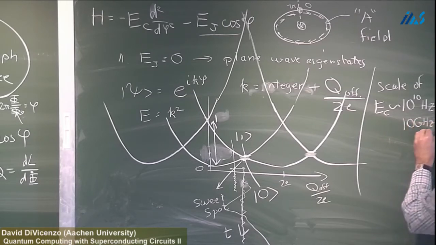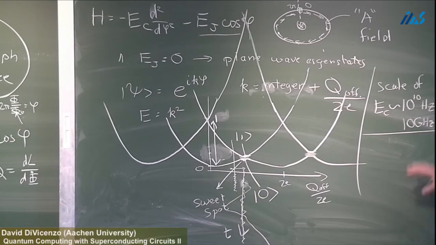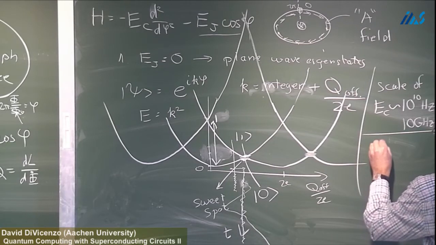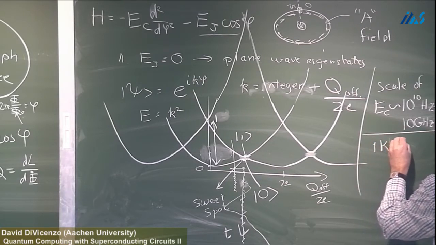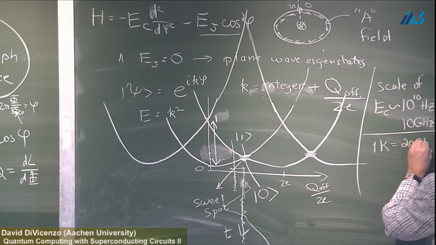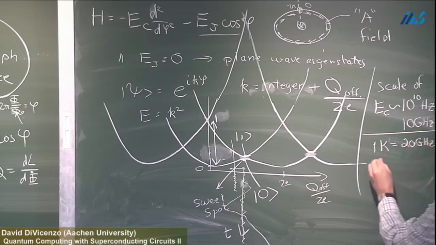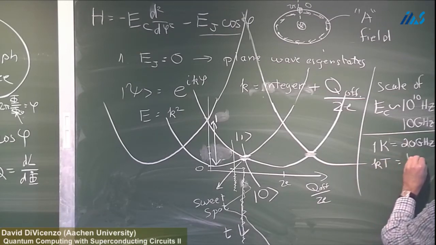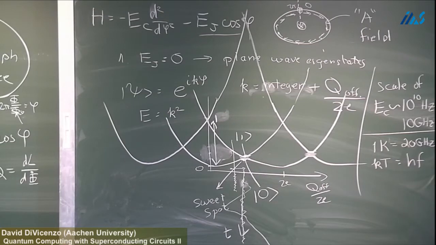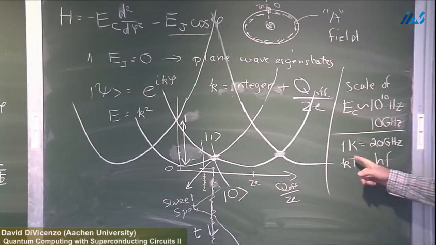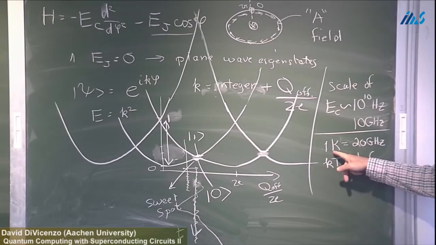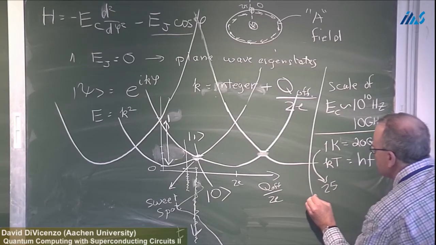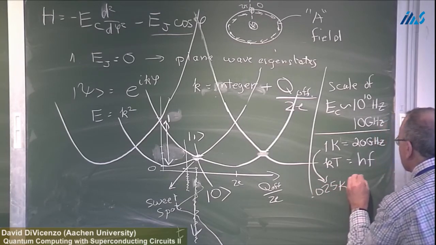Now, that may not be a familiar unit to everybody, but here's an important statement: 1 Kelvin is equal to about, if I'm not mistaken, 20 gigahertz. In other words, kT is h times the frequency. Those are the conversion units in this case. That's important because these refrigerators go down to about 25 millikelvin. 0.025 Kelvin is the actual working temperature.